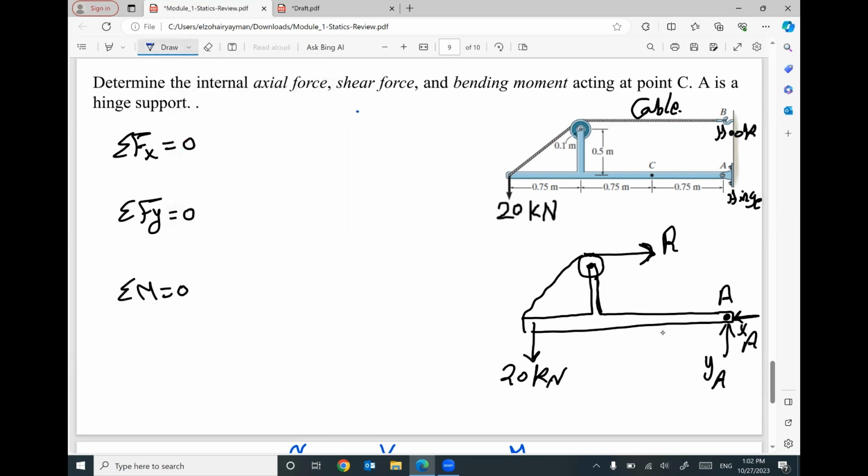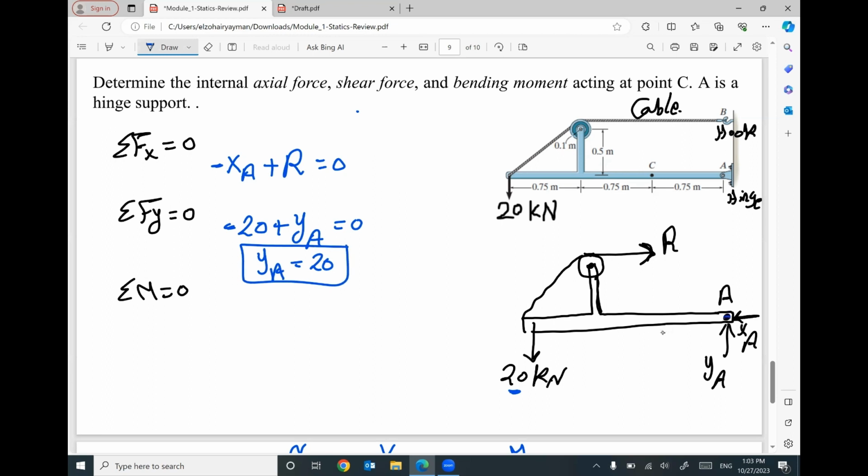In x, we have negative XA, we have positive R equals 0. In y, we have negative 20, we have positive YA equals 0. So YA will be 20.